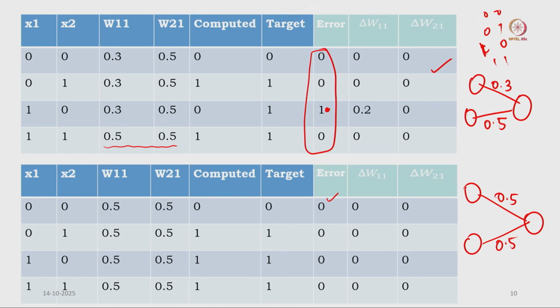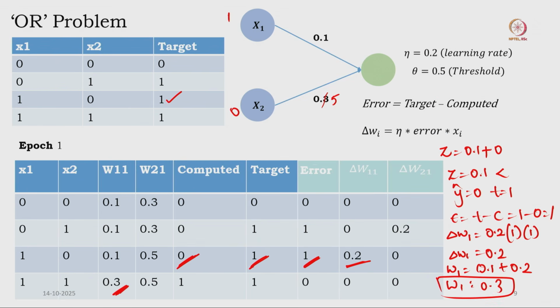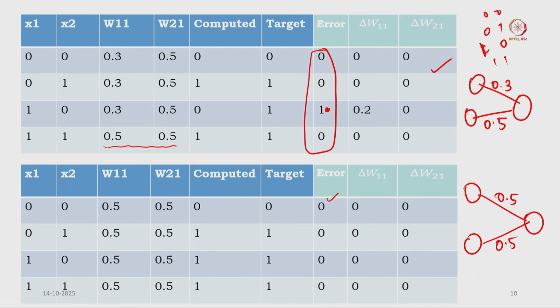Therefore, what we understand by solving this particular problem is, initially the weights that we had considered were 0.1 and 0.3, but after we have solved the entire problem and updated the weights, we have understood that 0.1 and 0.3 are not the correct weights. The correct weights are 0.5 and 0.5. This is how you will update the weights using the perceptron learning rule.